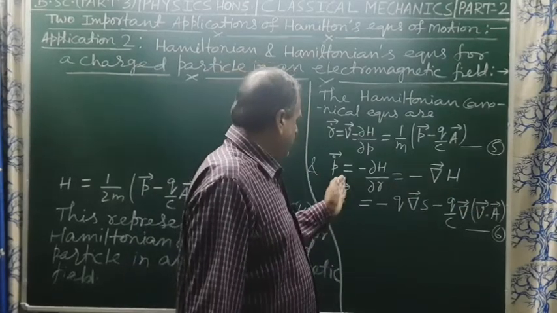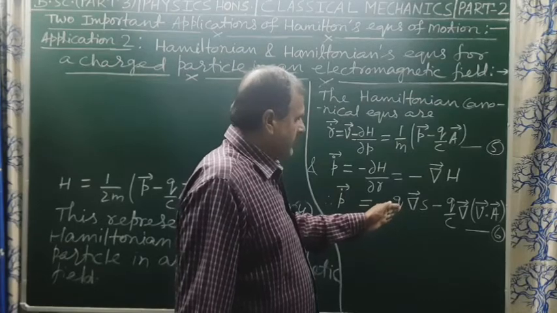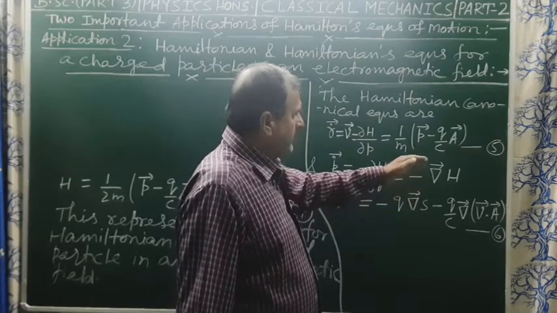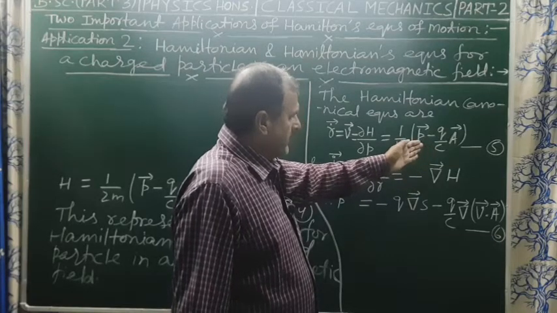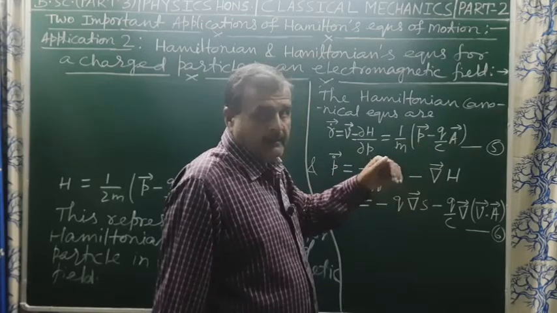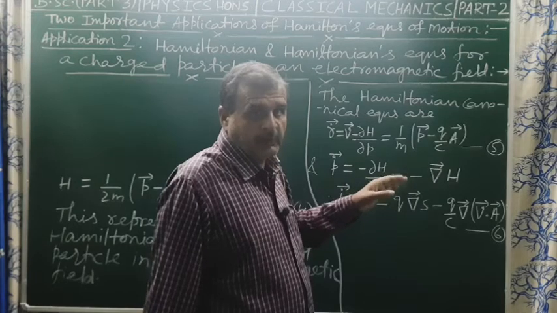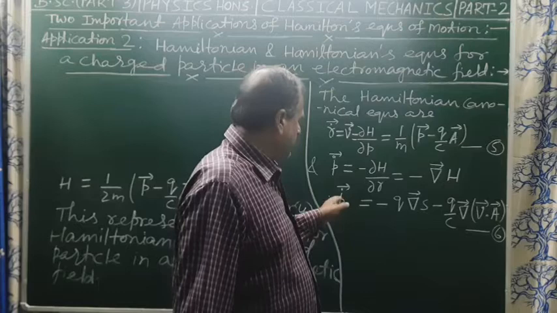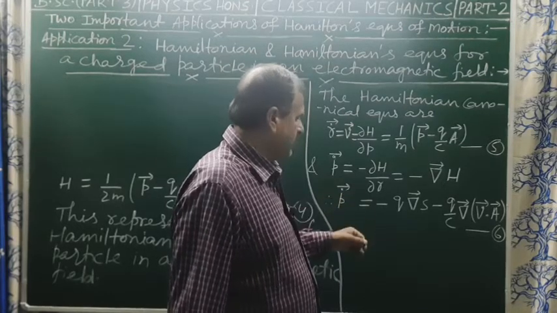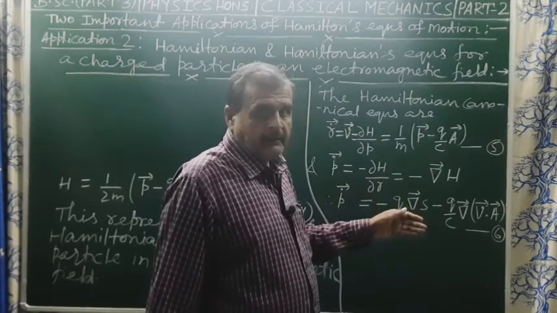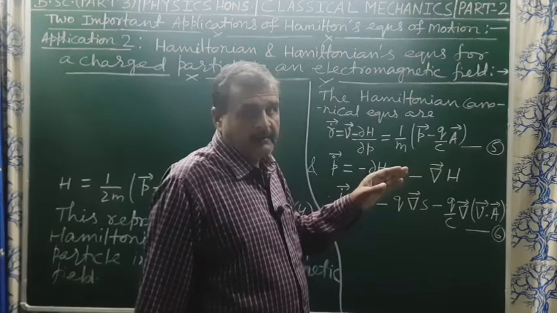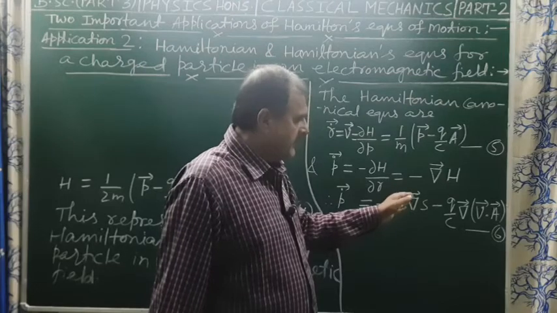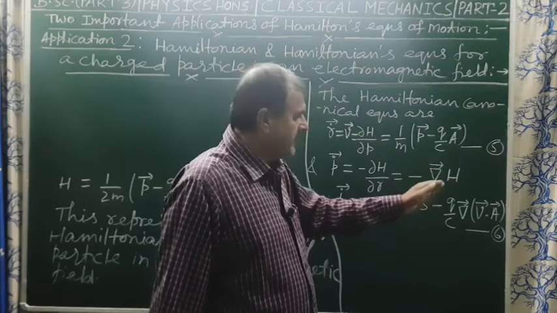So p dot vector can be written as minus the gradient of the potential function, since the potential function depends on velocity and position both. So p dot vector equals minus the scalar function, qφ, plus q/c v vector dot A vector.